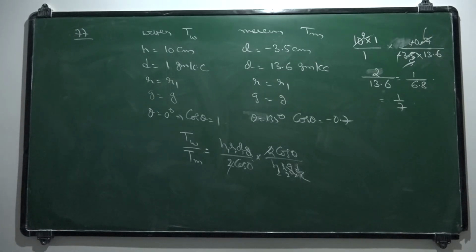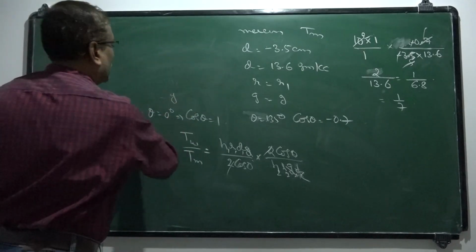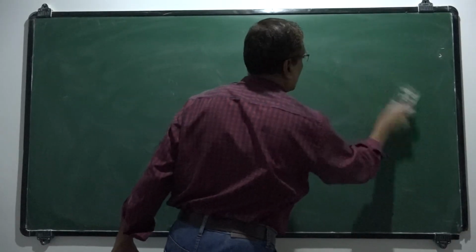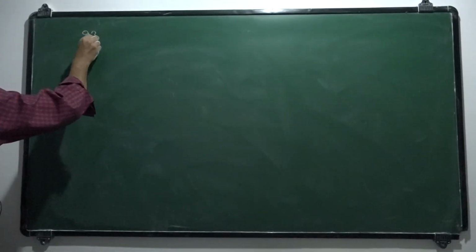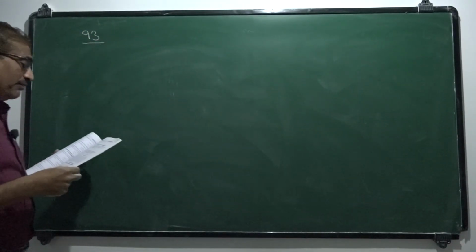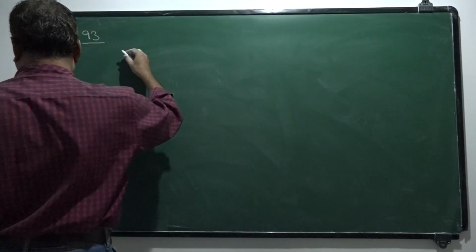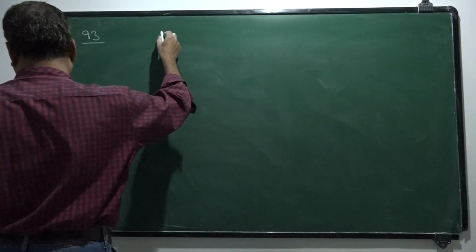You see this 93 problem. A soap bubble of radius 3 coalesced with another bubble of radius 4 under isothermal condition.